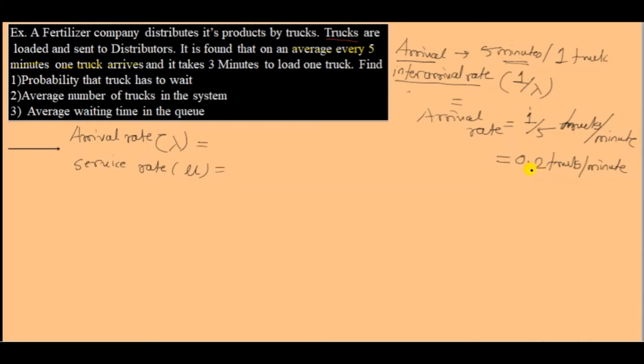Now minutes is in the denominator; it can be in seconds or hours also. So lambda equals 0.2 trucks per minute.